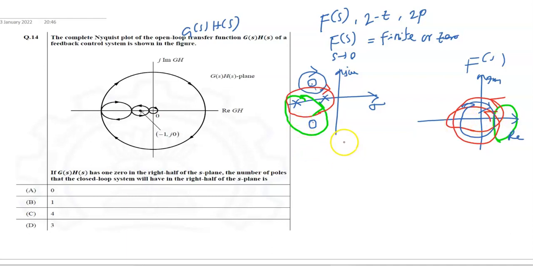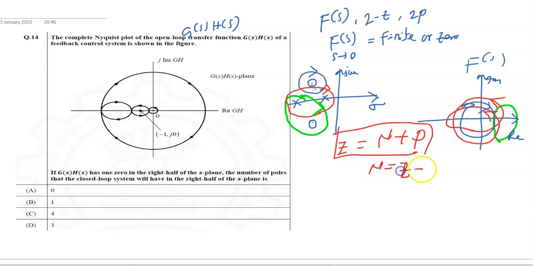So the simple rule is Z equal to N plus P, or N equal to Z minus P. What is N? Number of encirclements of the origin in the F(s) plane. Z, number of zeros included in the encirclement in the S plane, and P, number of poles included in the encirclement in the S plane.